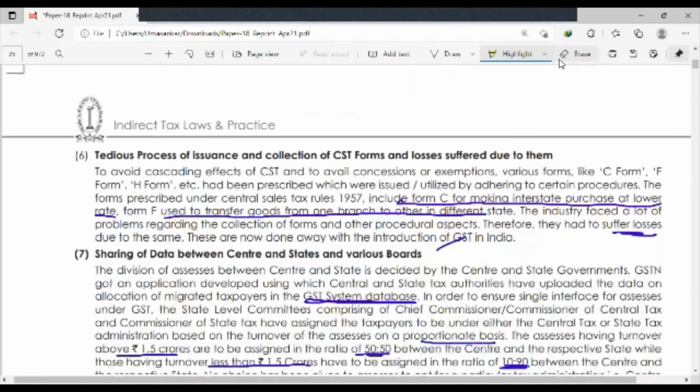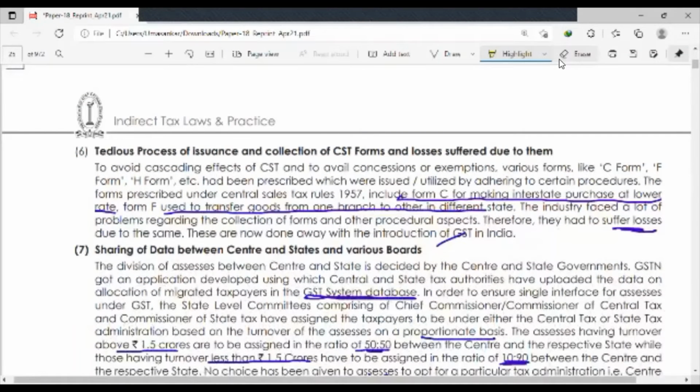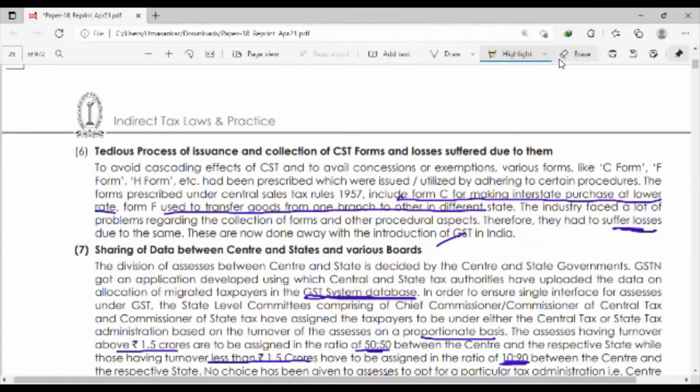Okay, now we'll go further. What is the tedious process of issuance and collection of CST forms? Earlier in CST sales and purchase, we needed to submit Form C before purchasing any goods or services from a different state. Because if we submit Form C, we need to pay only 2% CST, or else we need to pay a higher amount.